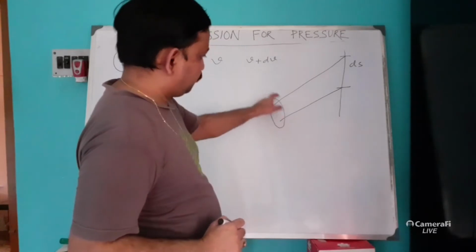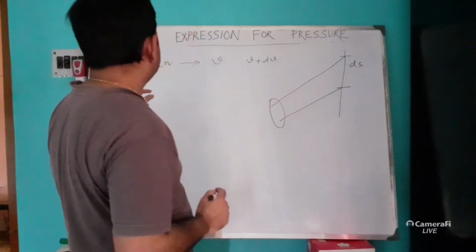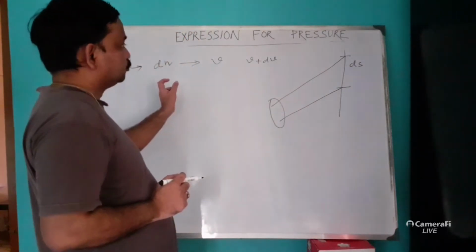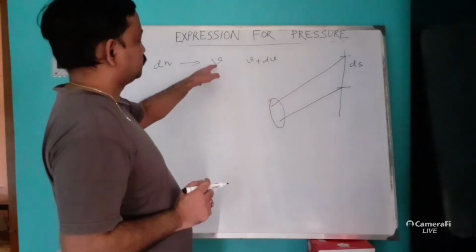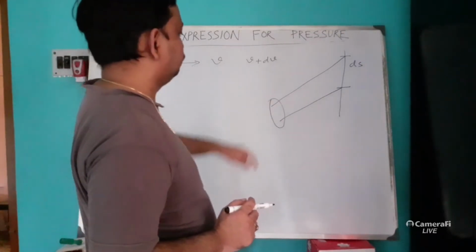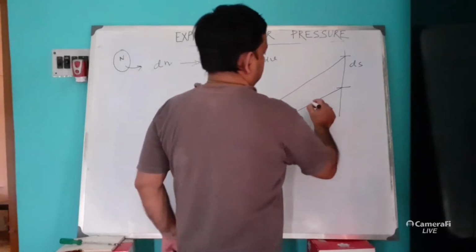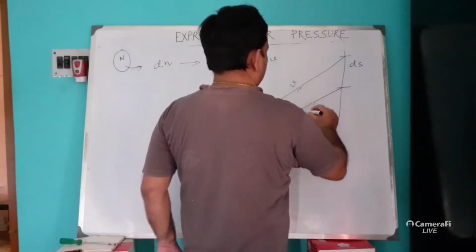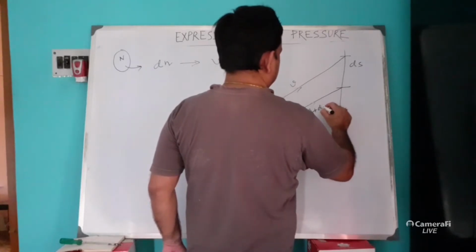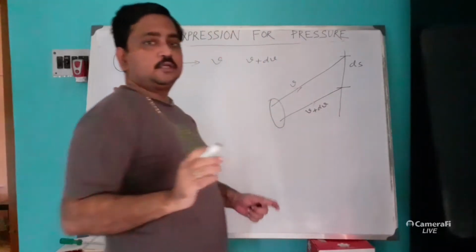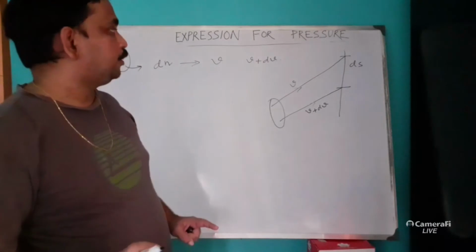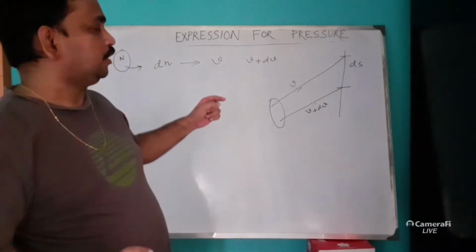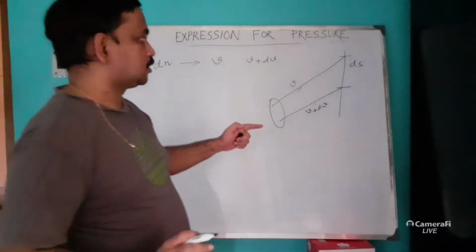Suppose this is a window through which we can capture the number of molecules having the velocity within the range v and v plus dv. So we shall consider only that component of velocity which is incident normally on the surface area.